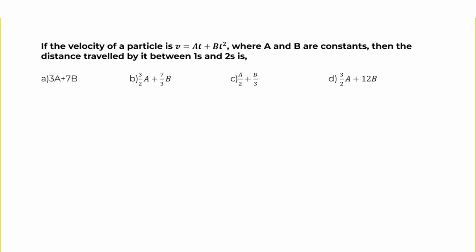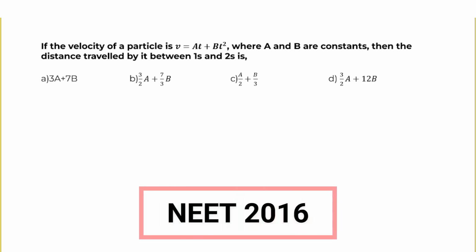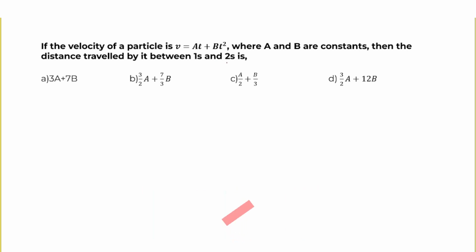If the velocity of a particle is v equal to at plus bt square, where a and b are constants, then the distance traveled by it in the first and second is, so basically we know this is our velocity function. To get displacement or distance from a velocity function, that will be our x, and x here will be equal to the integration of v dt.